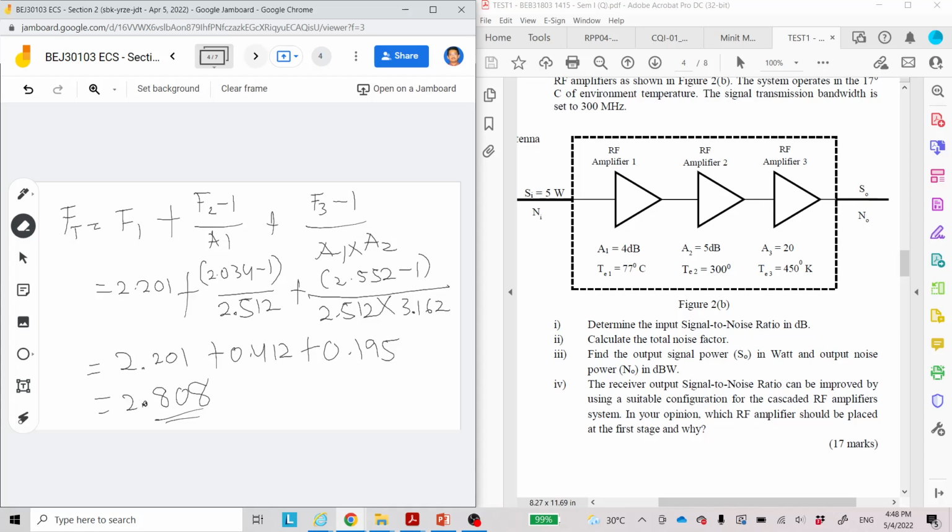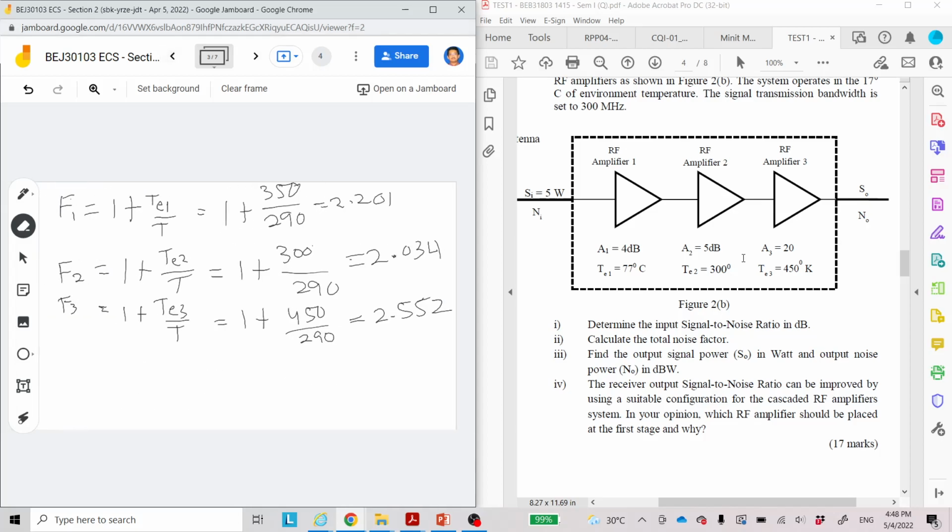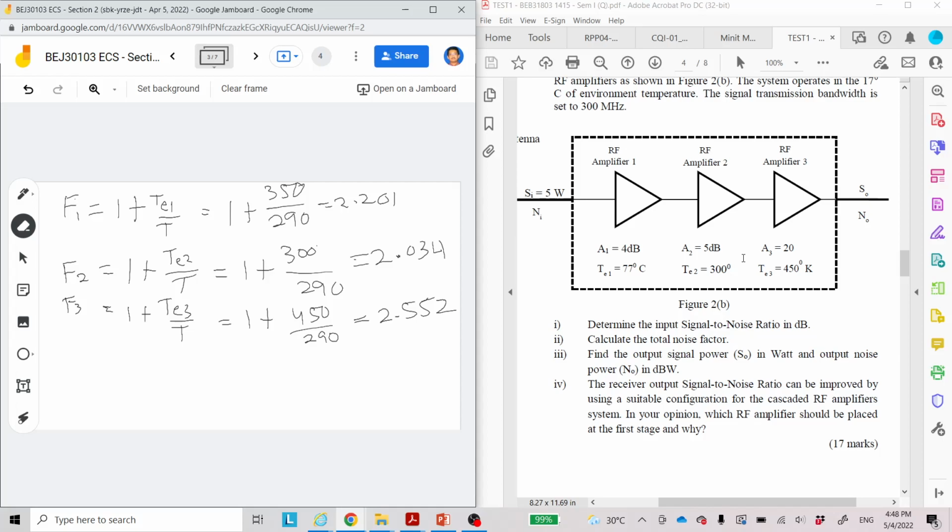In order to improve this, we need to put the first amplifier to have the least noise factor. Amplifier yang pertama perlulah amplifier yang mempunyai noise factor yang paling minimum. Followed by the next least noise factor, and then the highest noise factor should be put at the last stage.